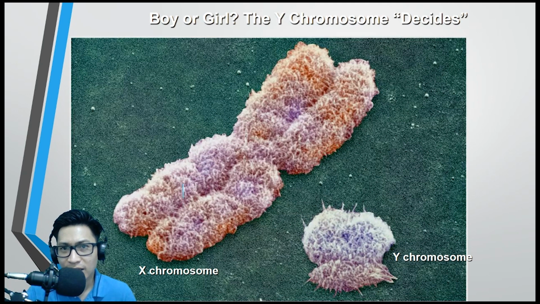This is another example of the X and Y, or the sex chromosome. The one from the left is what we call the X chromosome, while the one in the right is the Y chromosome. So, is it a boy or a girl? Definitely, it will be a boy because it has a Y chromosome.